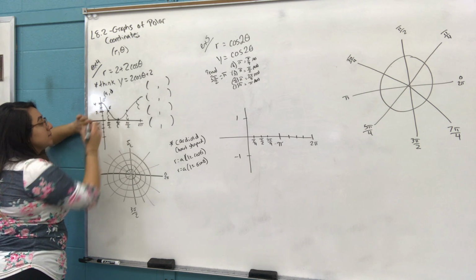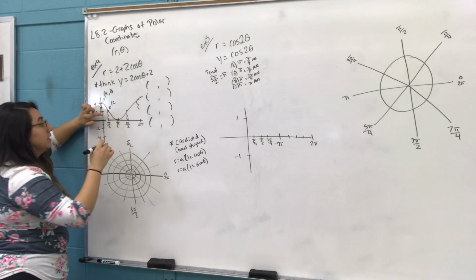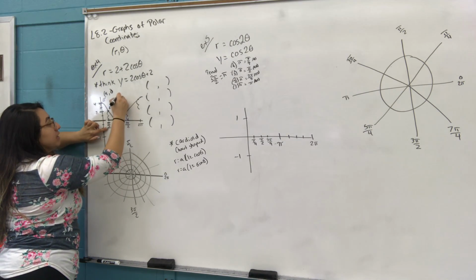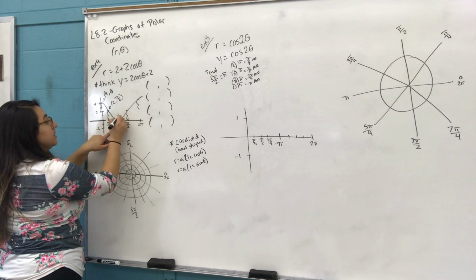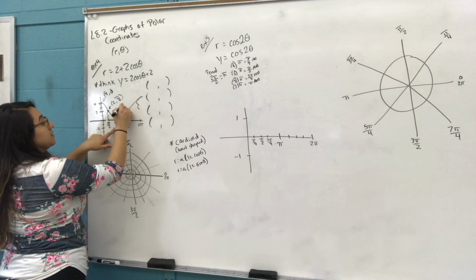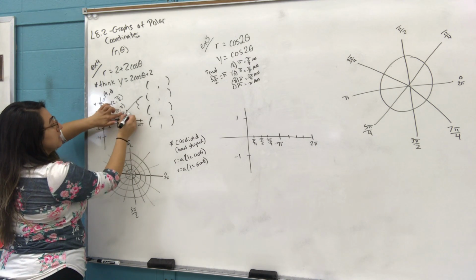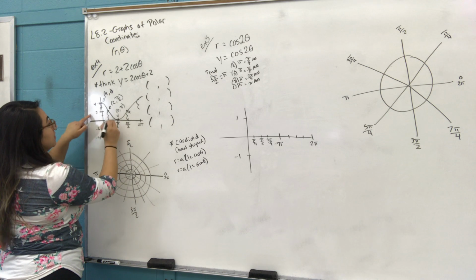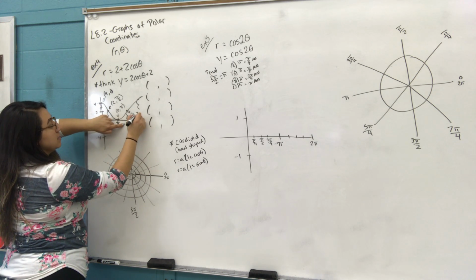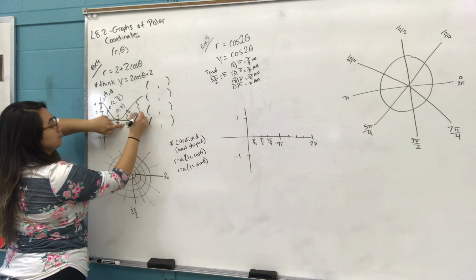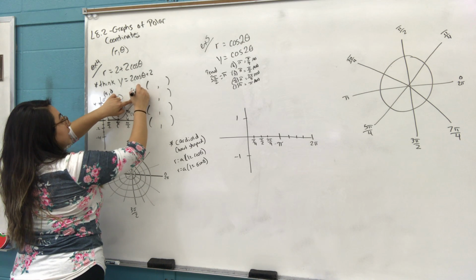This next one here, our radius is 2, because it's at that level, and the degree for that is pi over 2, or 90 degrees. And for this one, our radius is 0, but the degree is pi. And for this one here, I have the point as being 2 for my radius, and then at the measurement of 3 pi over 2. And this last one here, I'm at 4 and at 2 pi.